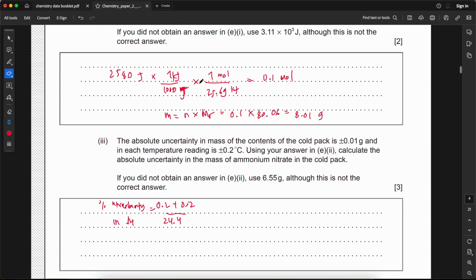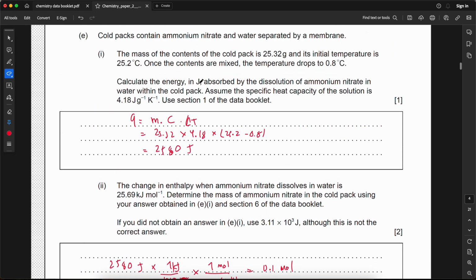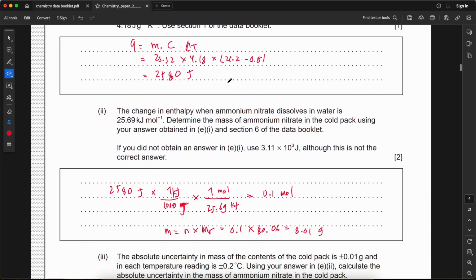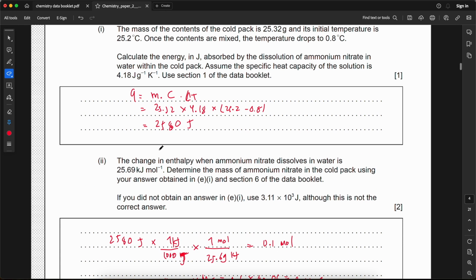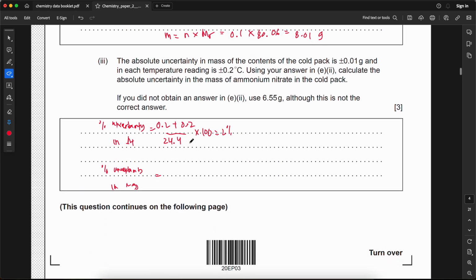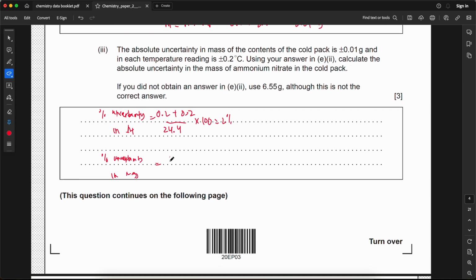Okay, this delta T is 25.2 minus 0.8, times 100 is 2%. And the percentage uncertainty in mass, the mass is 25.32 gram. So that would be 0.01 here divided by 25.32 times 100, which is 0.04%.